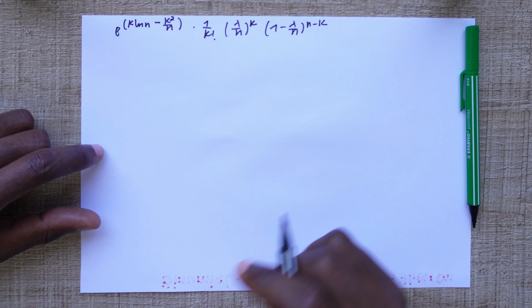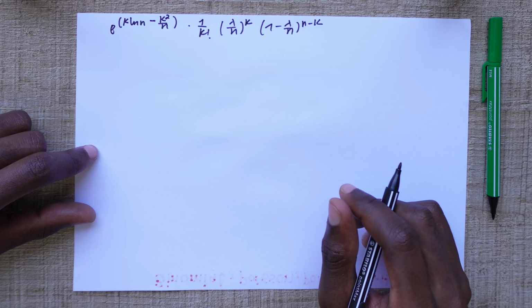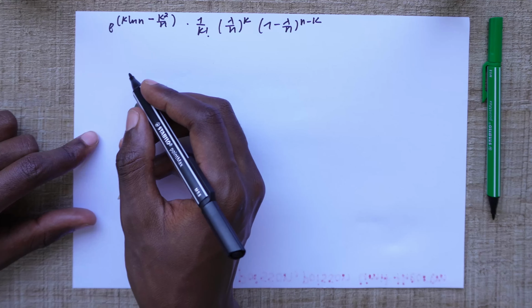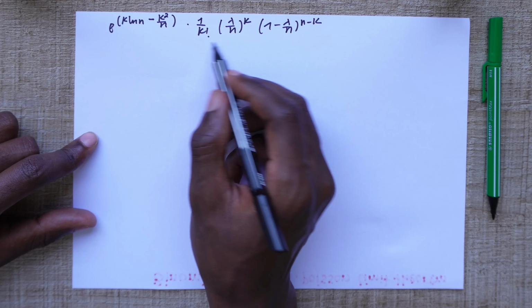Okay, so here we have an expression that looks really good. So let's simplify this. We can write that as, let me just write this constant before.